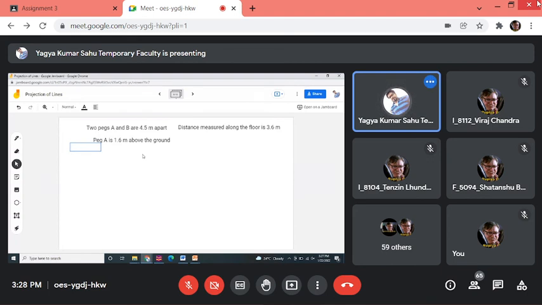No, 4.5 meter on an A4 sheet. No, sir. First of all, write down 1 centimeter equals 1 meter. Scale ratio. Means for this question we are using this scale ratio, 1 centimeter equals 1 meter.